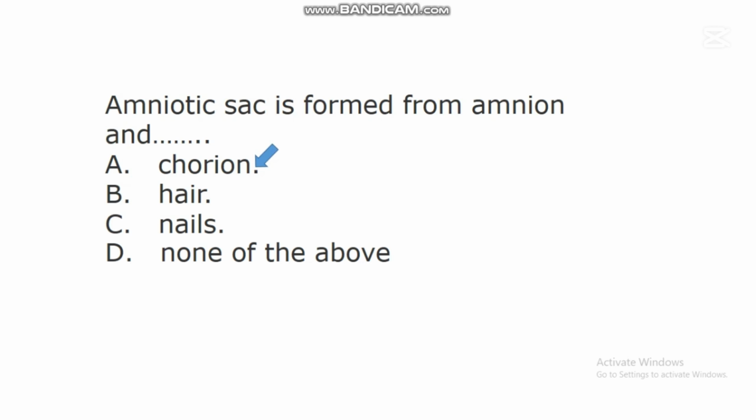Studies have shown that the amniotic sac is formed from amnion and this structure known as chorion. So the development of the amniotic sac starts from the relationship between amnion and this important structure known as chorion in the body system of a woman.